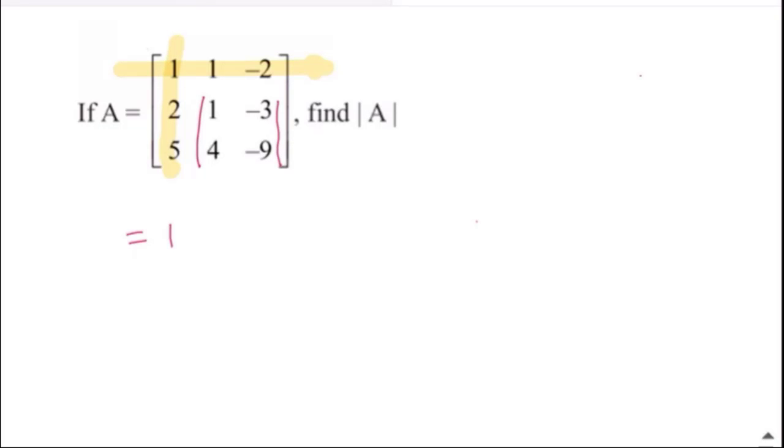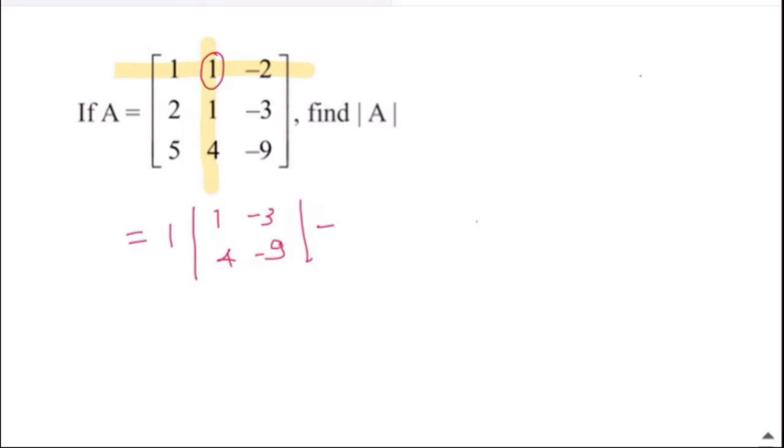So 1 multiplied by this determinant, 1 minus 3, 4 minus 9, and take a minus sign, then take 1 and multiply by the determinant obtained by eliminating the first row and the second column.